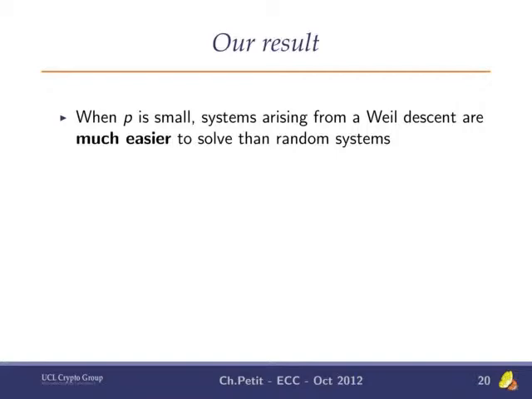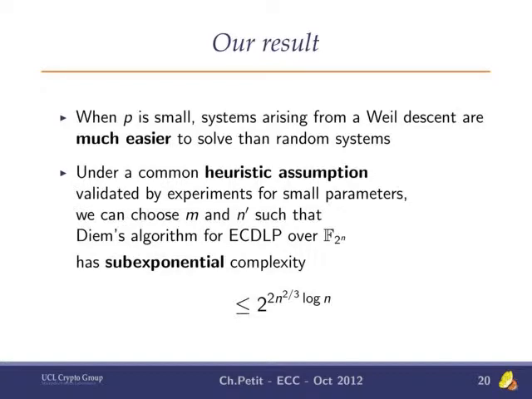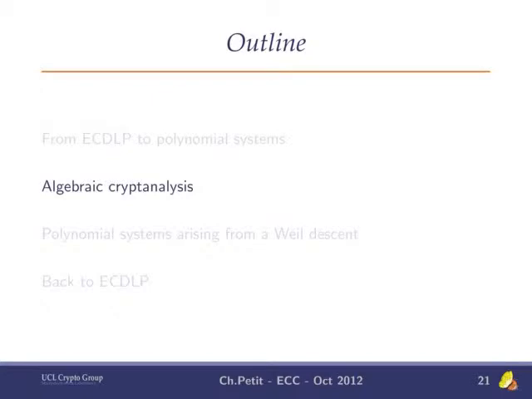In particular, if you take some heuristic assumption that's common in algebraic cryptanalysis, I will come back to that, an assumption that's also validated by experiments for small parameters, then you can choose m and n prime in this algorithm such that the algorithm has a complexity that's sub-exponential. That's the complexity there. Okay, so that finishes the first part.